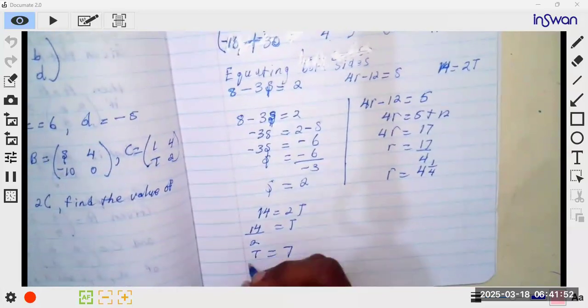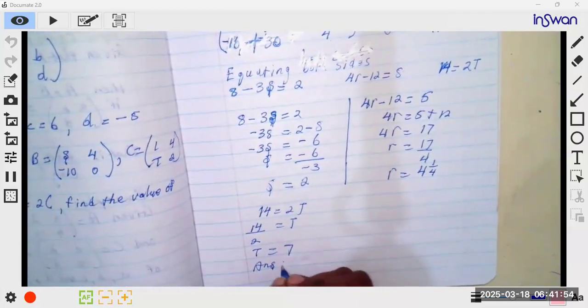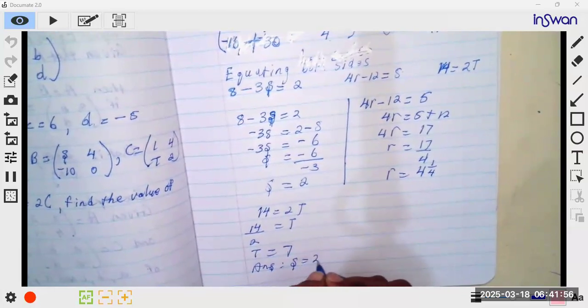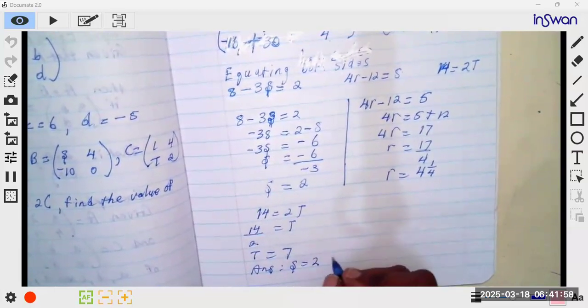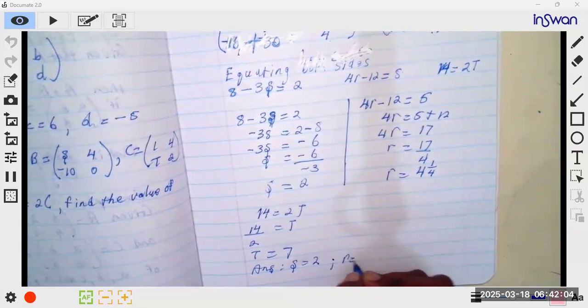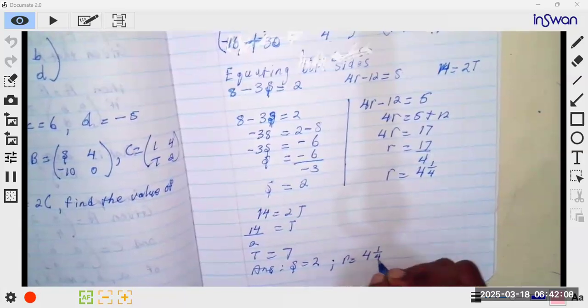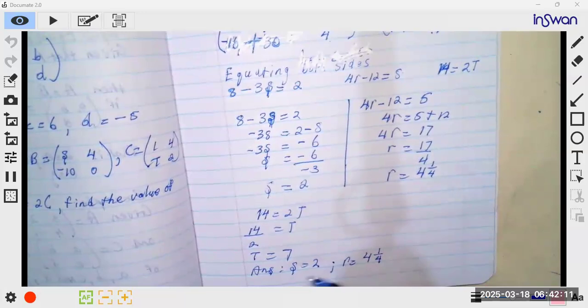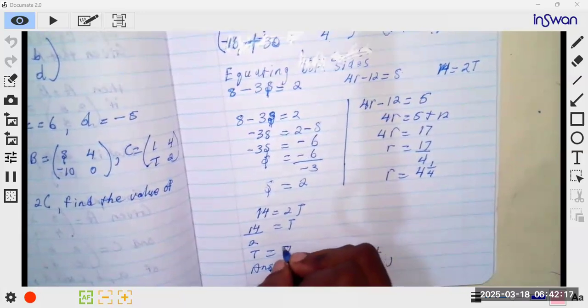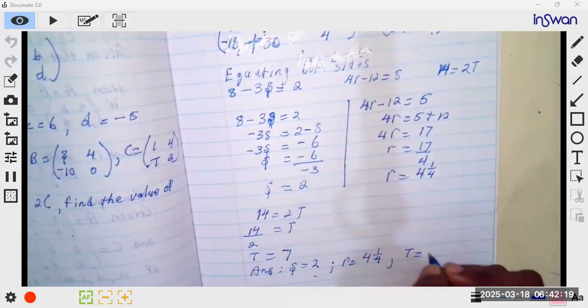So the answer will be s equal to 2, r is equal to 4¼. And that's it. s is 2, r is 4¼, and lastly, t equal to 7.